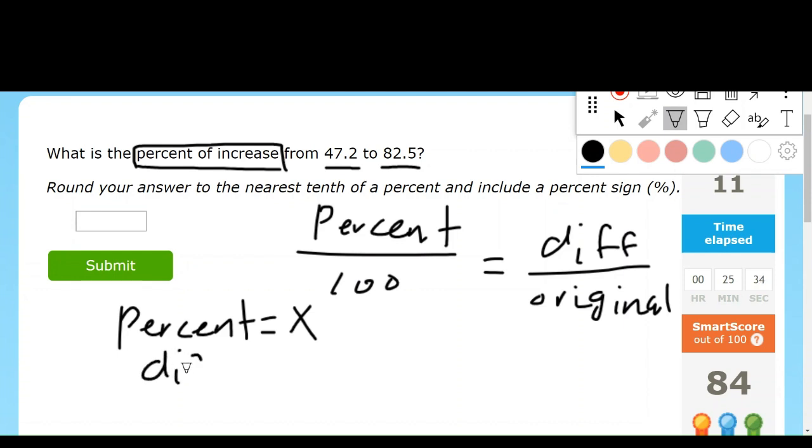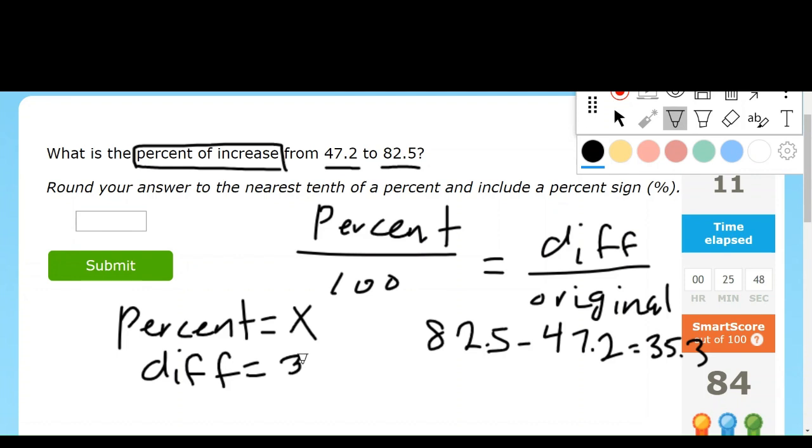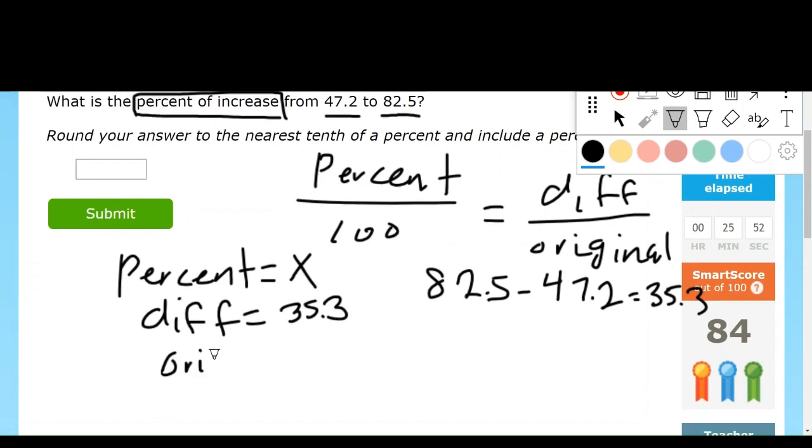Do we know the difference? Well, if we take 82.5 and take away 47.2, we get 35.3. So our difference is 35.3. What is our original?